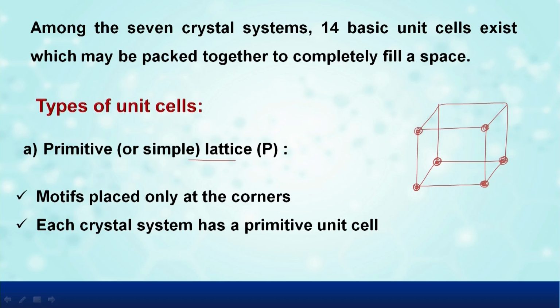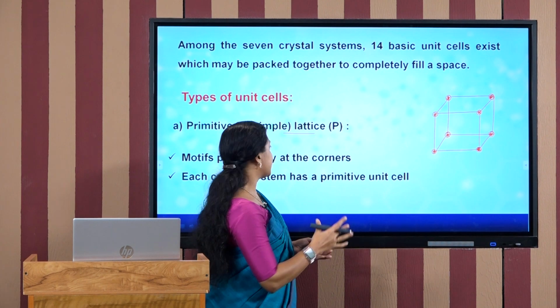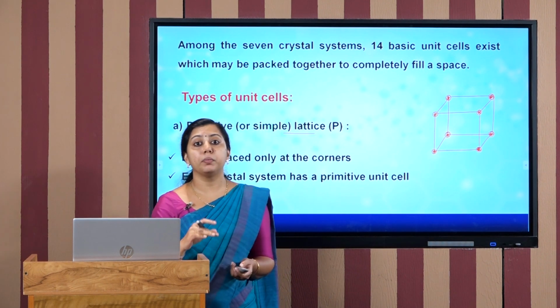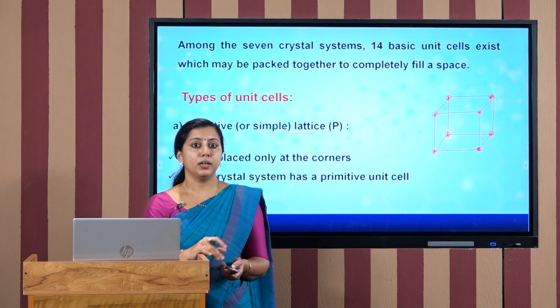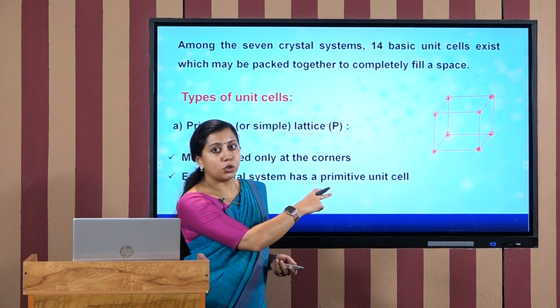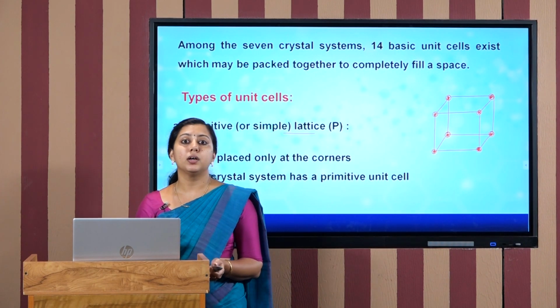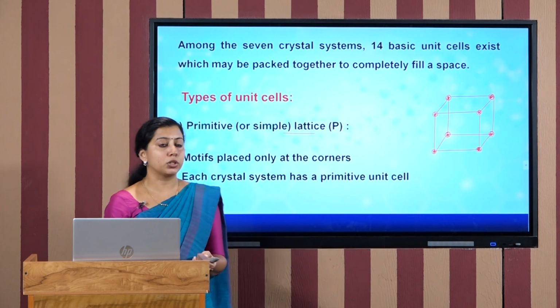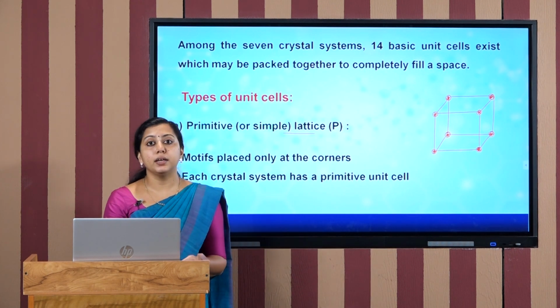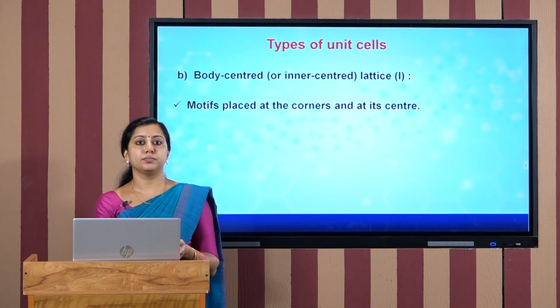So, if we take a cube, you can see that there are 8 corners. Okay. So, the motifs are placed only at the corners. So, each crystal system has a primitive unit cell. Okay. Here we are considering only the cubic one for the representation. However, each crystal system will have a primitive unit cell. So, motifs are placed only at the corners.